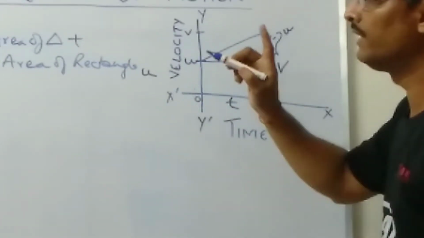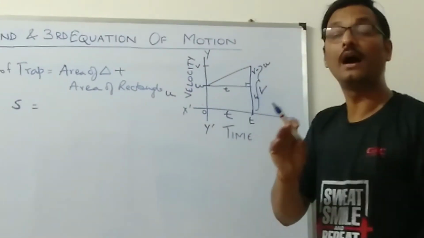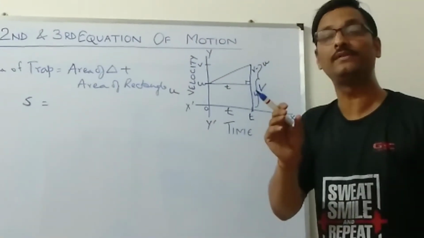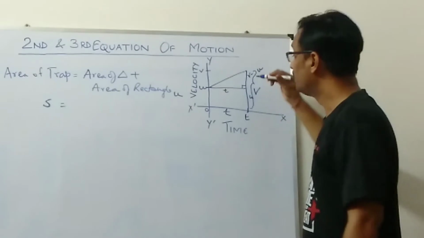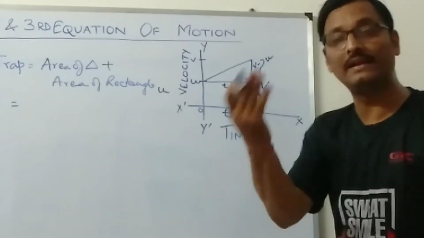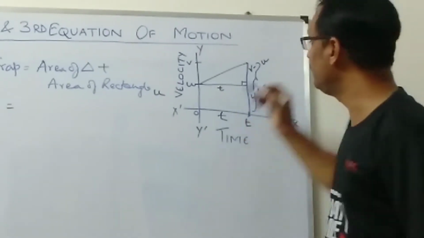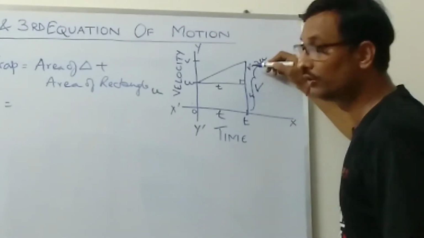So what is the basic formula of area of triangle? Half into base into height. What is the base? A line segment. What is the name of that line segment? V minus u, we have found out.